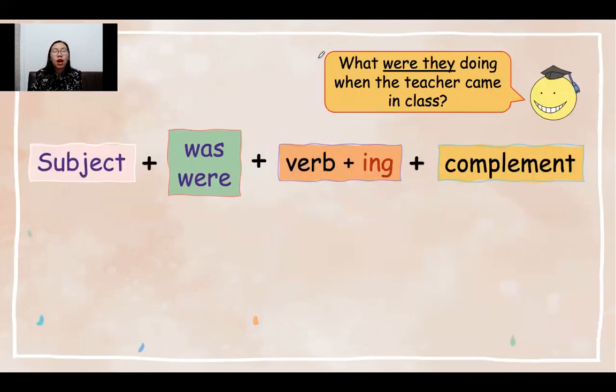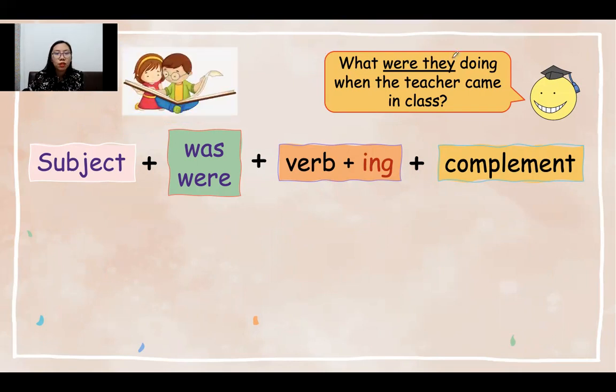How do we construct a past continuous sentence? We have this picture. What were they doing when the teacher came in class?